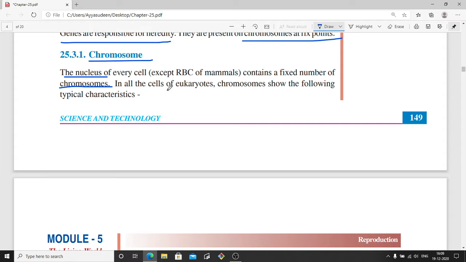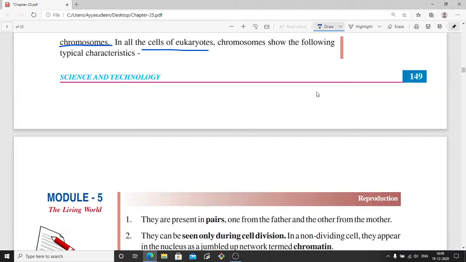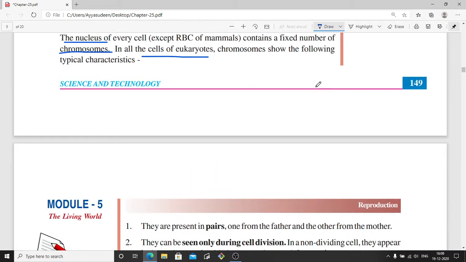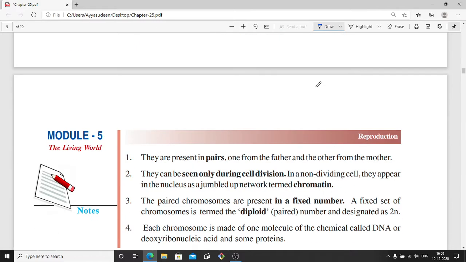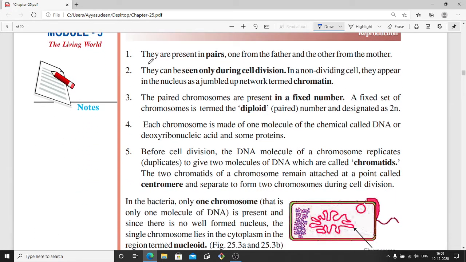In the cells of eukaryotes, the chromosomes show the following typical characteristics. They are present in pairs, not single but pairs. One comes from the father, and one from the mother.